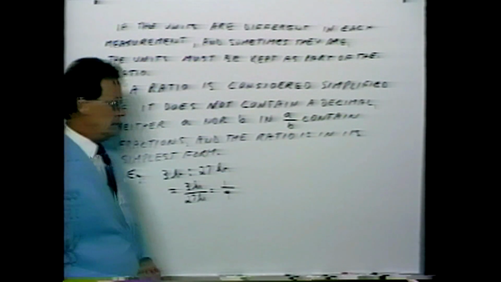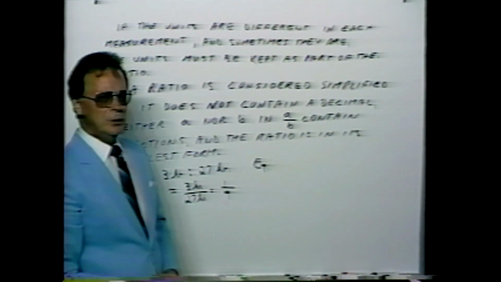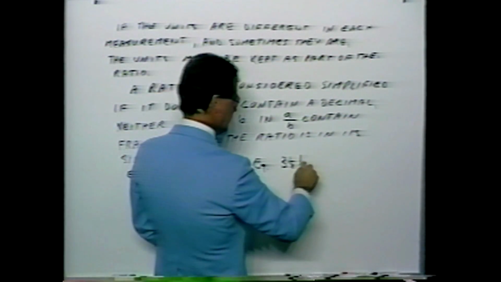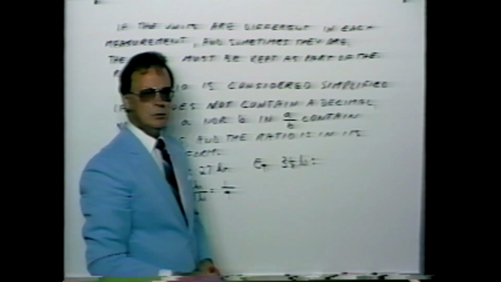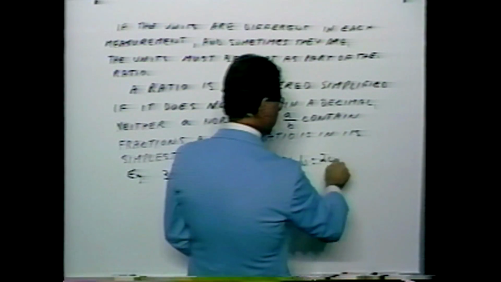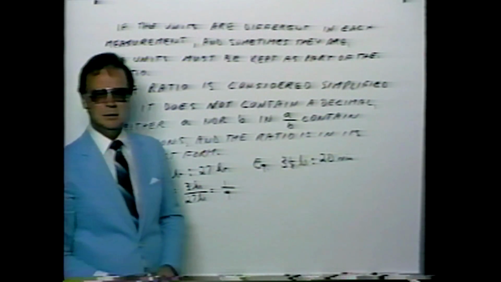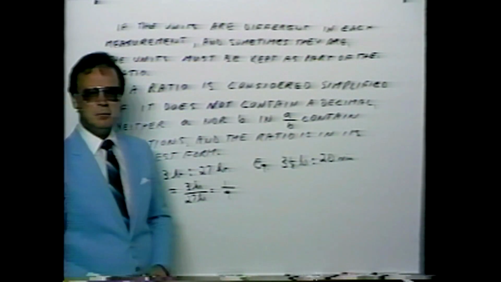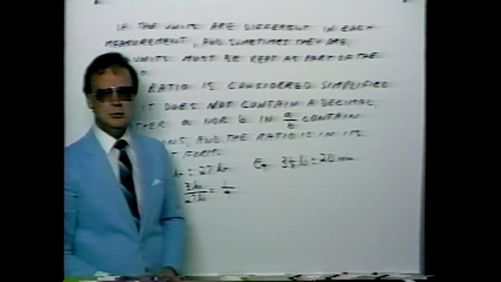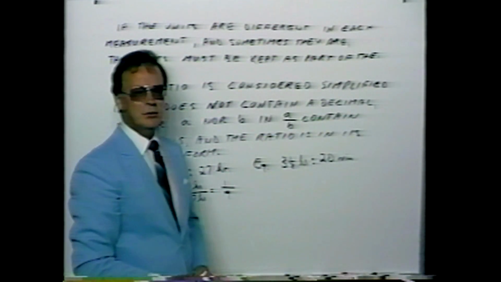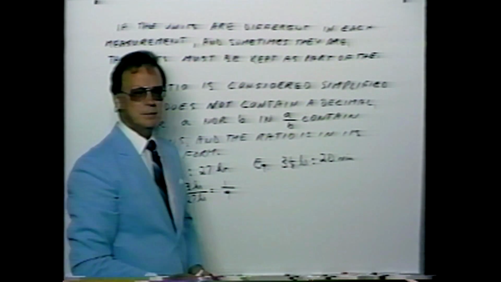Another example, if we have 3 1/2 hours to 20 minutes, you can see that, first of all, there are two different units of measurement used, and also one of the parts of the ratio is a fraction.